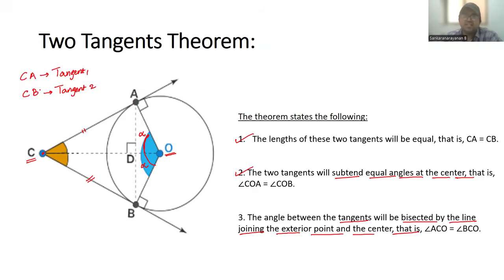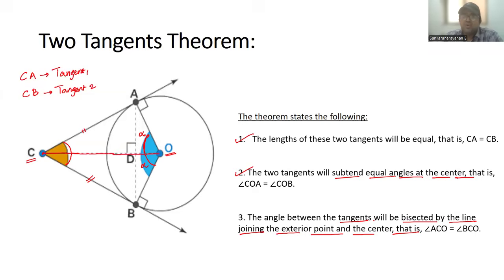CA and CB are inclined to each other. There is an angle that you can see here, right? So this angle, if you are observing, I am now considering joining C and O, as you can see. Okay, so just see, I'm joining this C and this O.